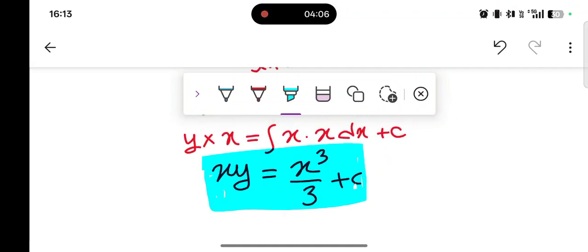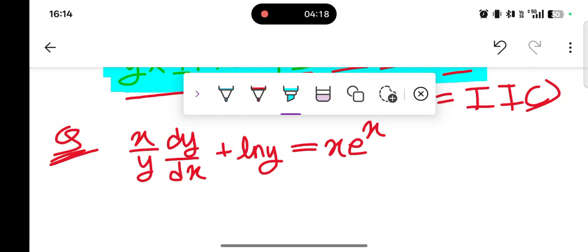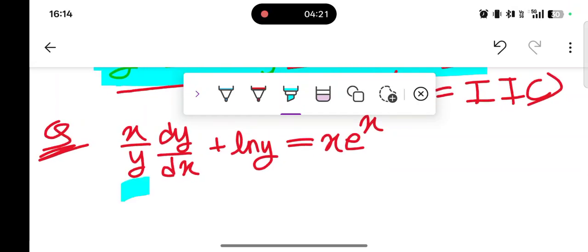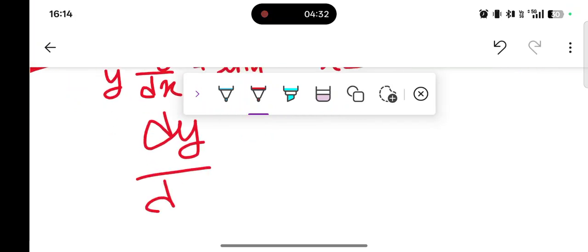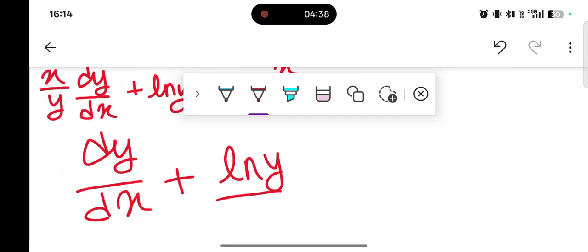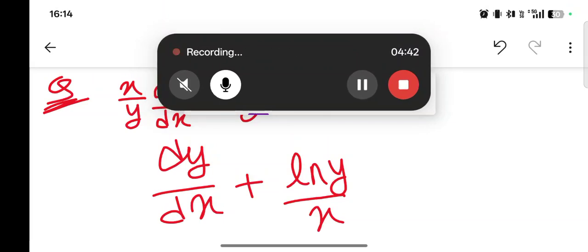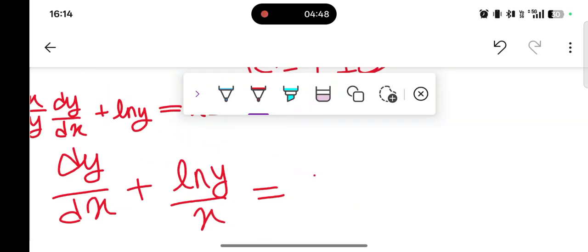Well, that's okay. So hopefully you can understand how we can solve this kind of question. Now let's talk about another question where we will face some difficulties. In that question, something is multiplied with dy by dx, so we have to do something. The first thing we will do is generate the format dy by dx plus ln y divided by x equals e to the power x.